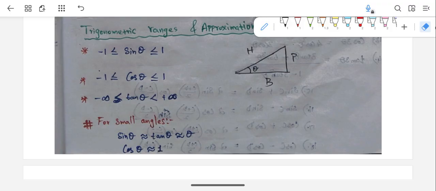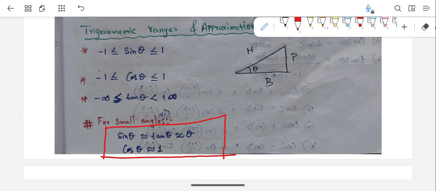So when the angle is that small, its values are very small, then you can do the approximation that sin theta is approximately equal to tan theta, and it is equal to theta again. And cos theta you can approximate to 1, for any such values.